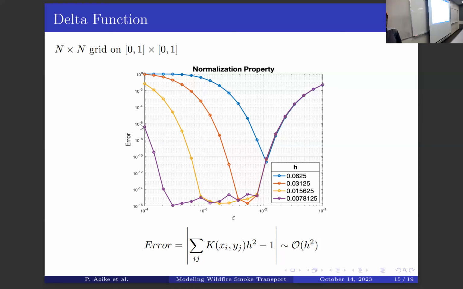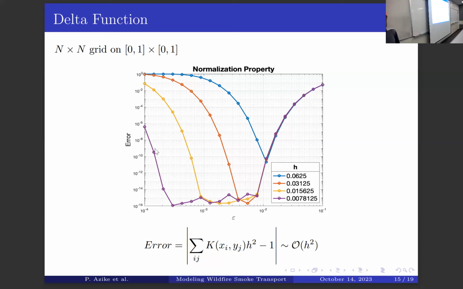We observed that at this point, the delta function is smaller than the grid that we have chosen, so the error is really high. But towards the middle here is really where we want to be, because it's inside of our grid. At this edge, the delta function is bigger than the grid that we have, and so the errors climb back up. At this point, the grids are coarse.